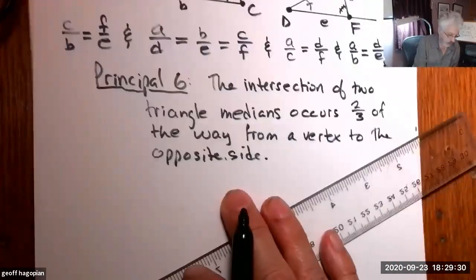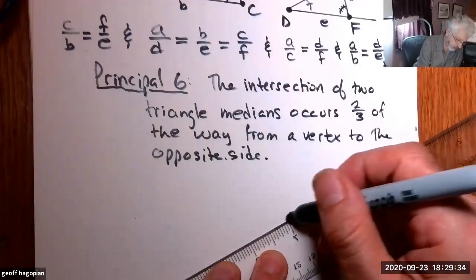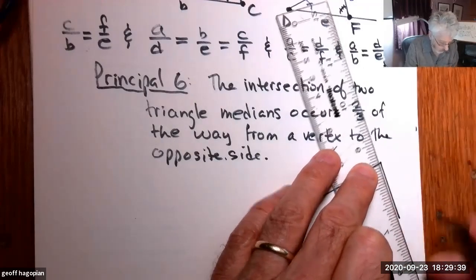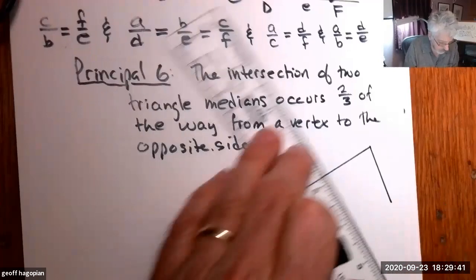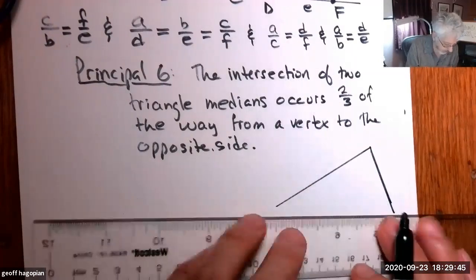So maybe something like that. And I'll draw it over here on the right. That's not a right angle, right? So I'm trying to draw a sort of generic triangle, right?